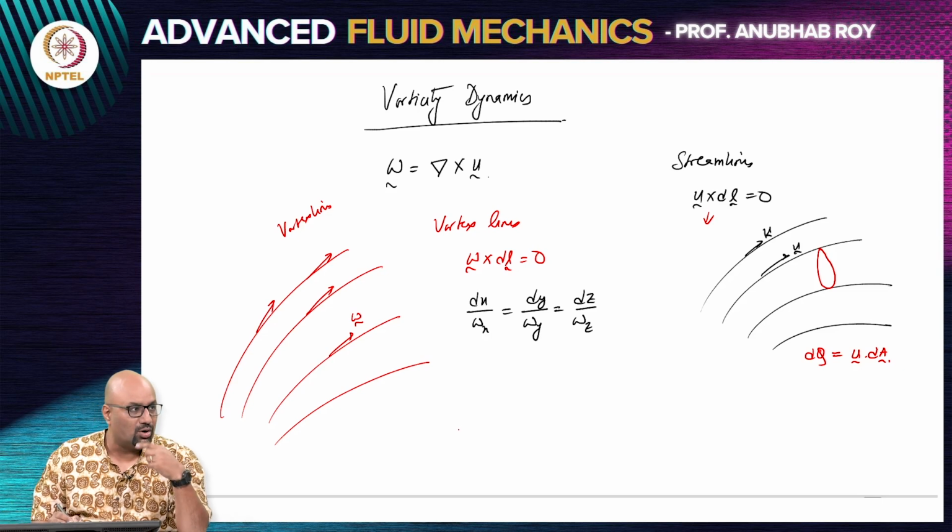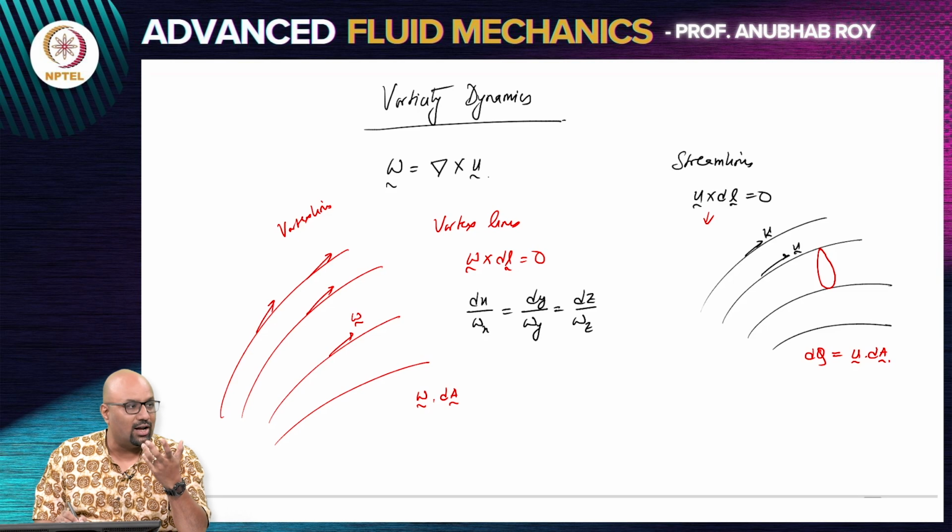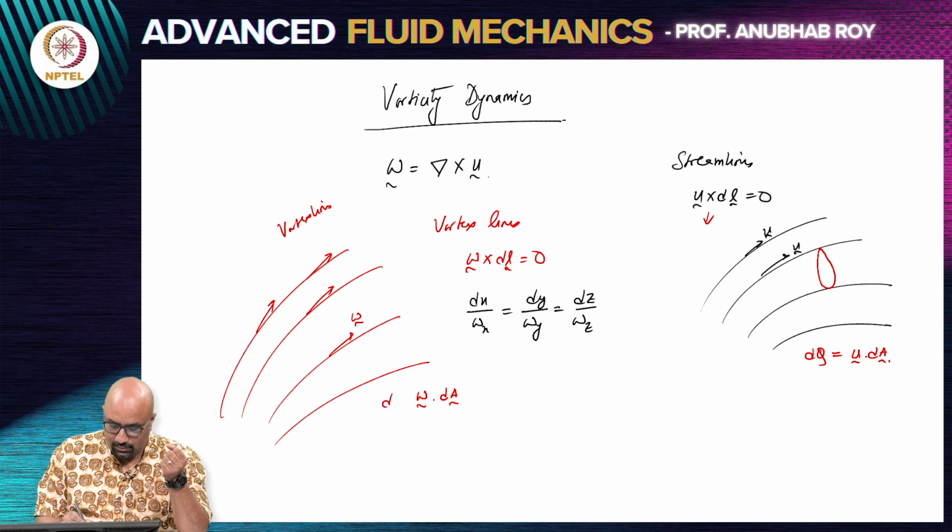Integrating this gives me the total volume flow rate through a region. Similarly, here, in order to see how much stuff is going through a region, stuff basically now being in terms of vorticity, we are going to encounter a quantity which is known as circulation.